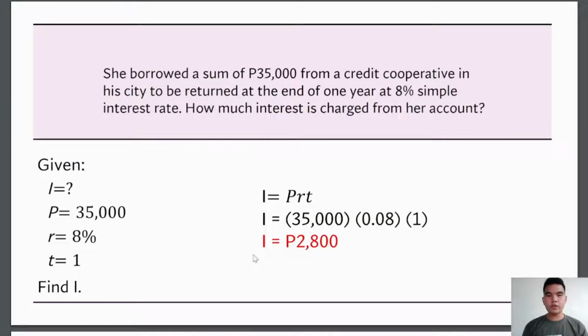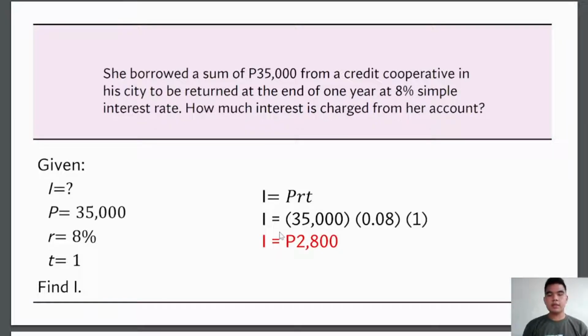So now we are going to solve her first problem. From the problem that she has given to us, we have identified that the principal is 35,000, R is equal to 8%, and T is equal to 1, and we are going to find the interest. So the interest is equal to PRT.